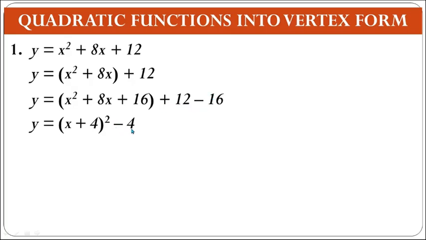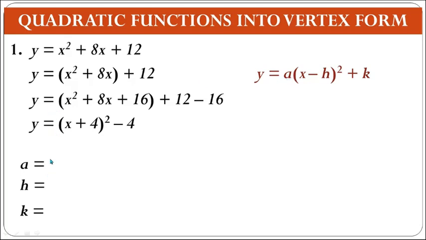So, now, ito na yung ating vertex form. So, if we can identify, or kung i-identify natin yung ating values of a, h, and k, ito yung ating form para mag-guide. So, a is yung nandito, so, positive 1.